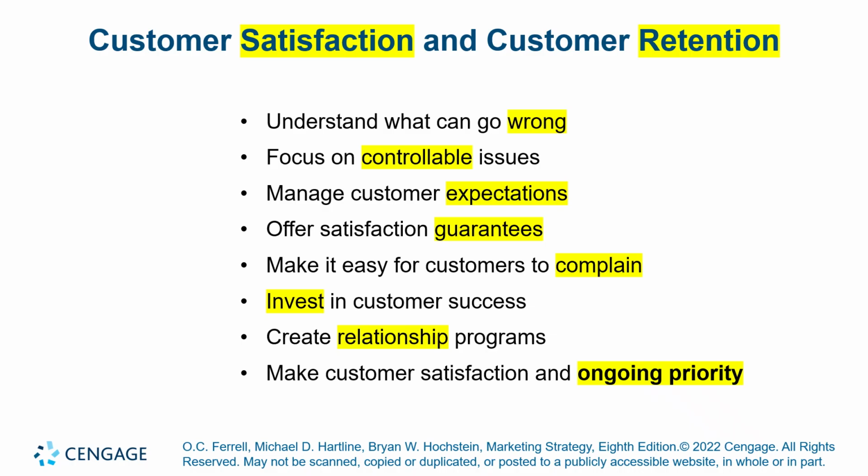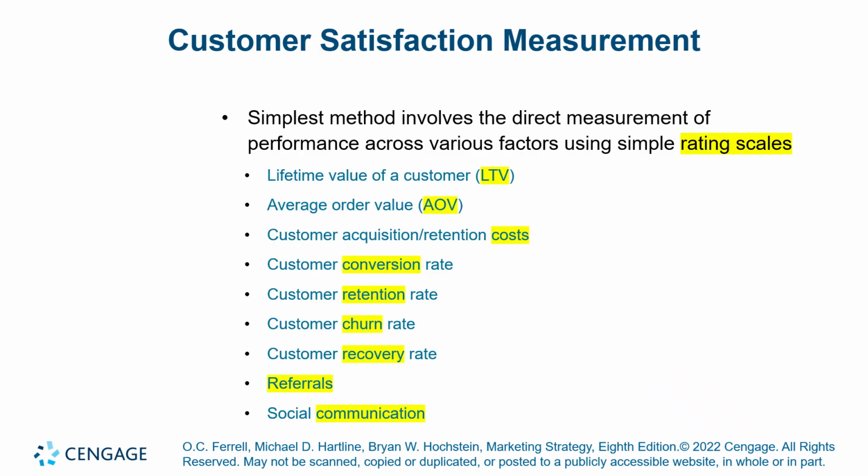If they can complain, they'll be happy. Invest in customer success, create relationship programs, and make customer satisfaction an ongoing priority. Then you can keep your customer satisfied and retain your customer.